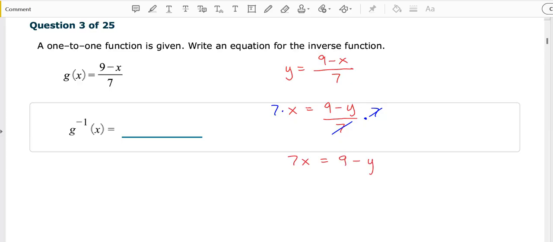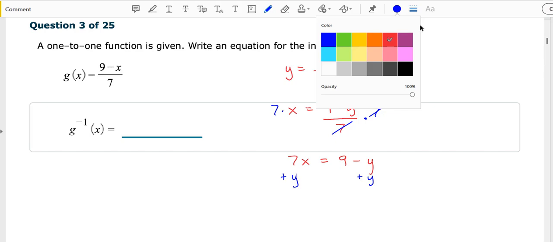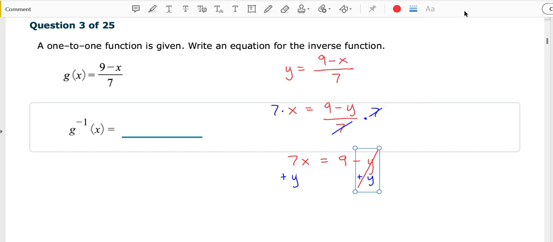So that cancels. Now I have 7x equals 9 minus y. I'm going to go ahead and move the y to the left so it becomes a positive y. So I'm going to add y to both sides. Those are gone.